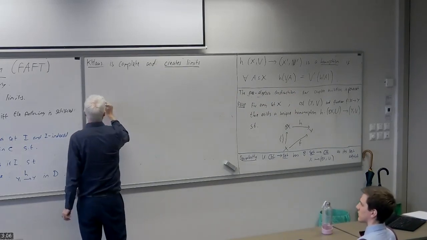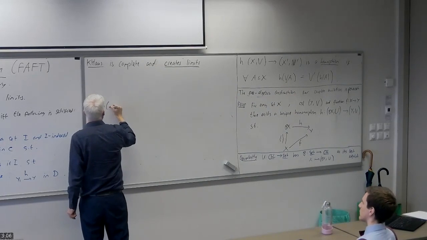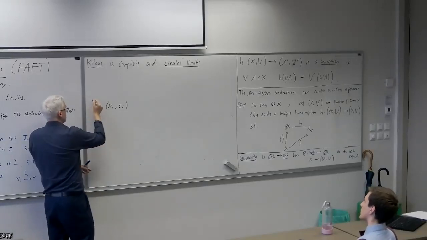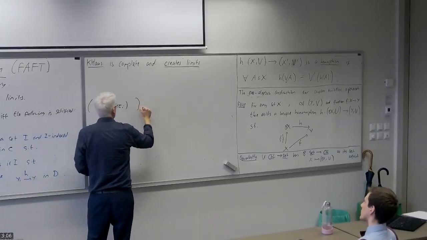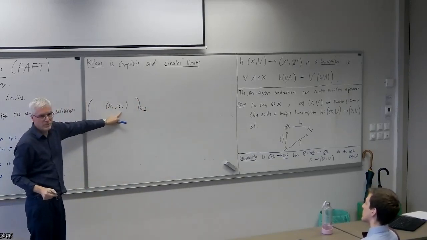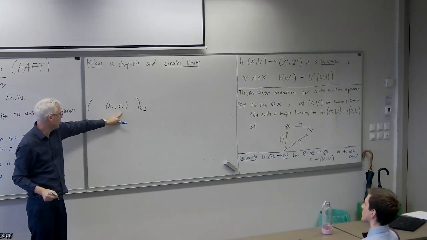So what we've got is some family. I'll be a bit fussy, and I'll say I'm going to consider the compact Hausdorff space together with its explicitly written topology on it. So tau i is the compact Hausdorff topology.